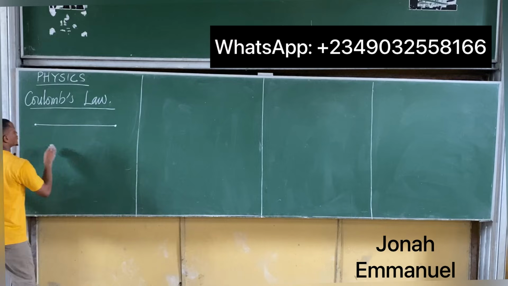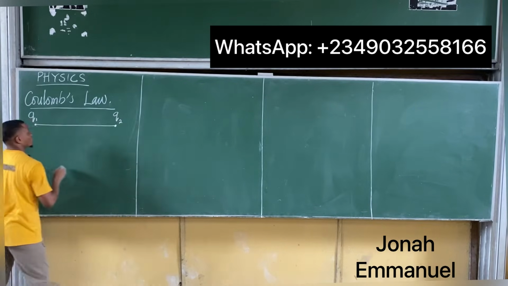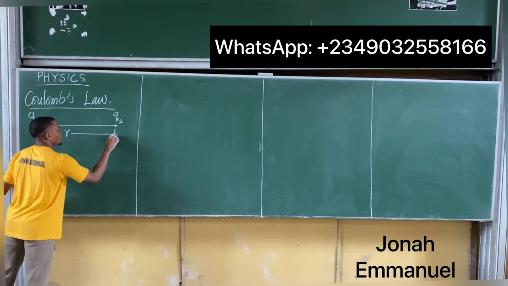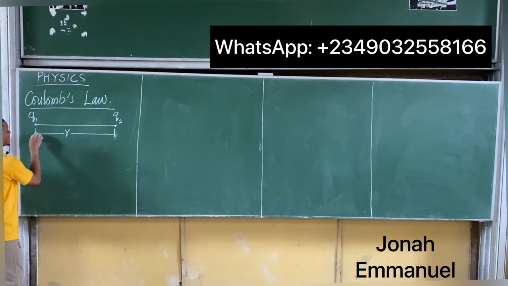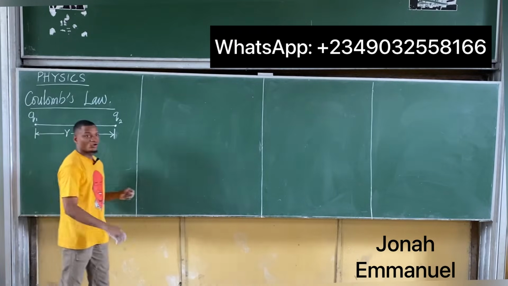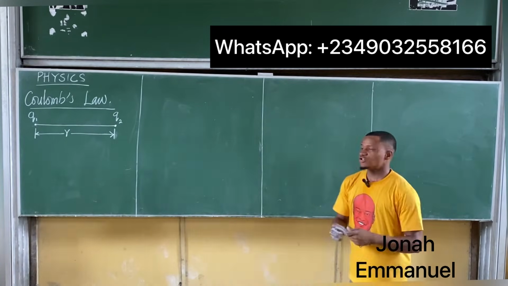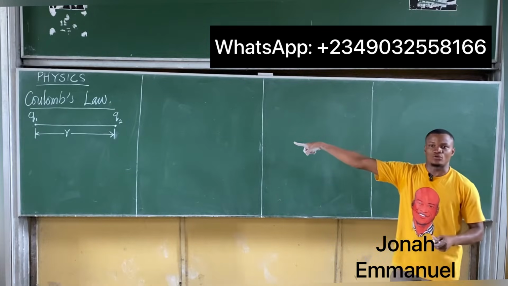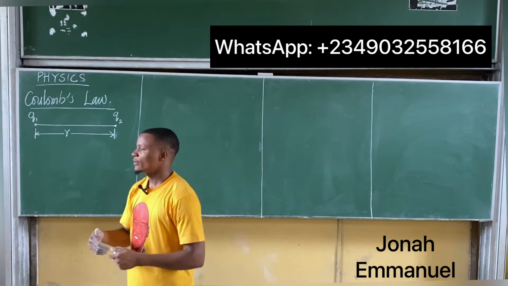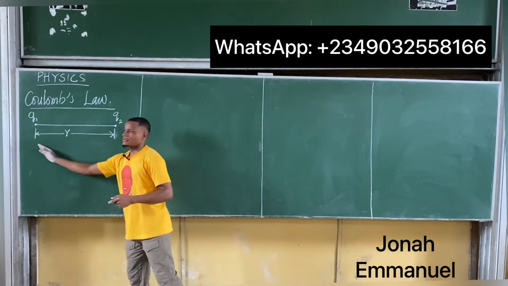Given two charges Q1 and Q2 separated by distance R, as shown below, you can now sketch this.